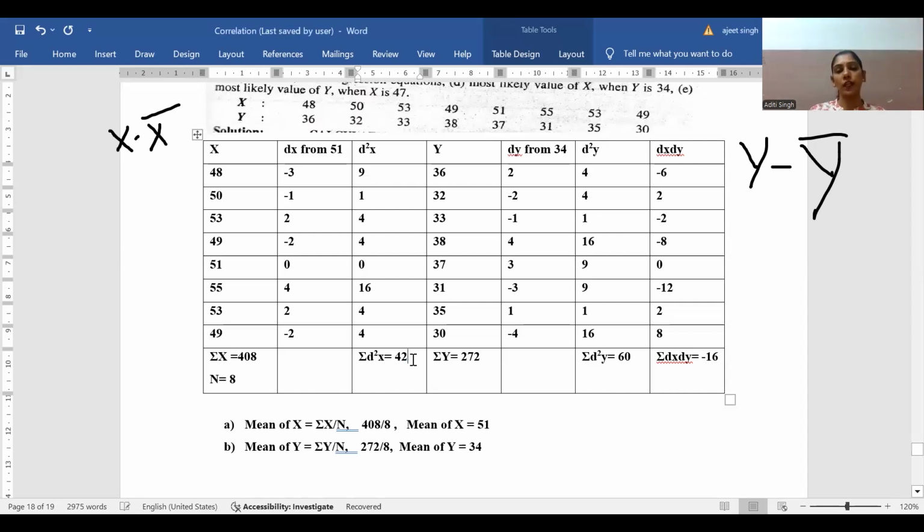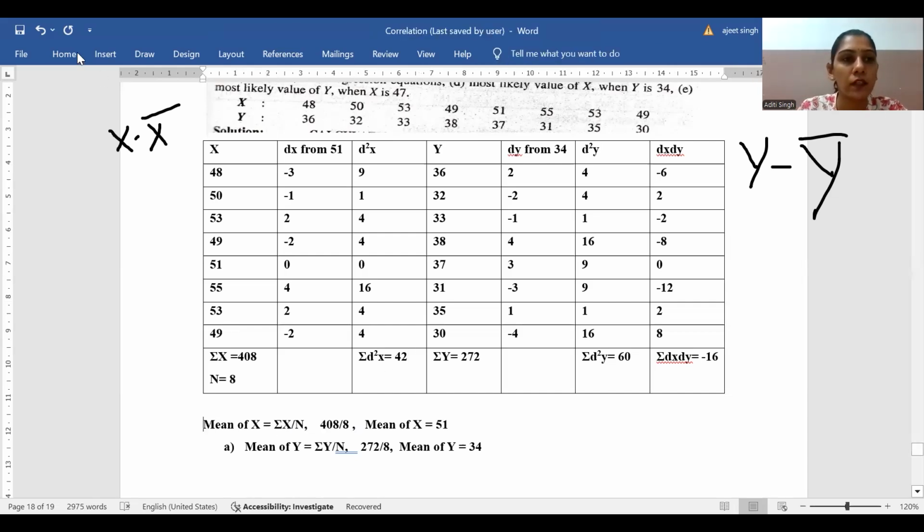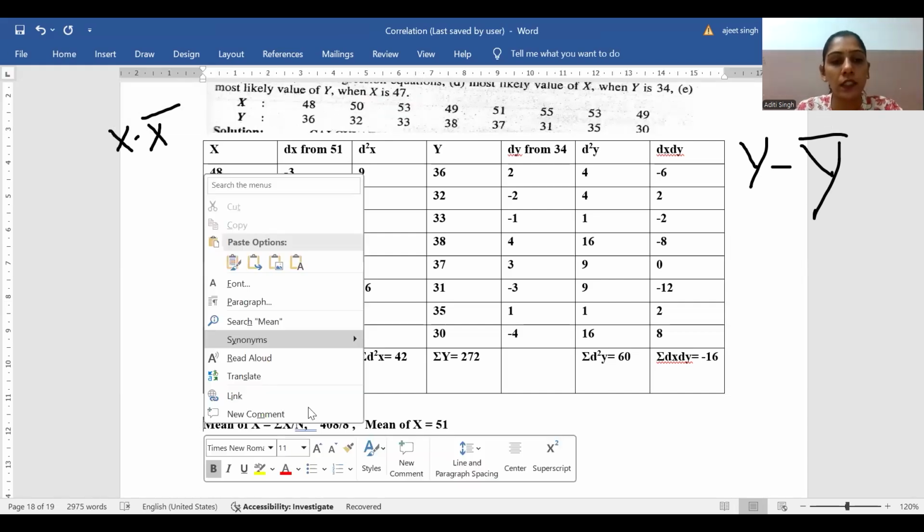Okay. So we have calculated the sum of d square x, sum of d square y and sum of dx and dy. So now we will calculate all the details one by one which were asked in this question.